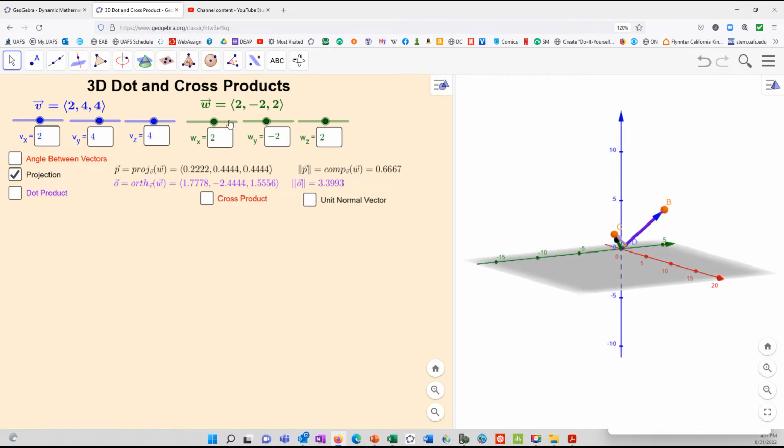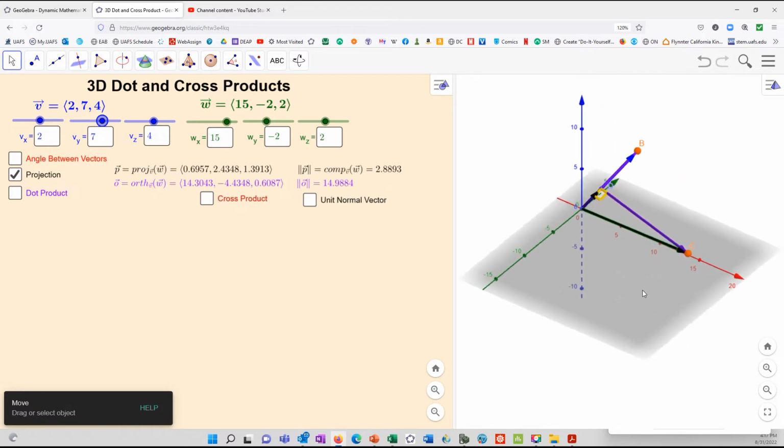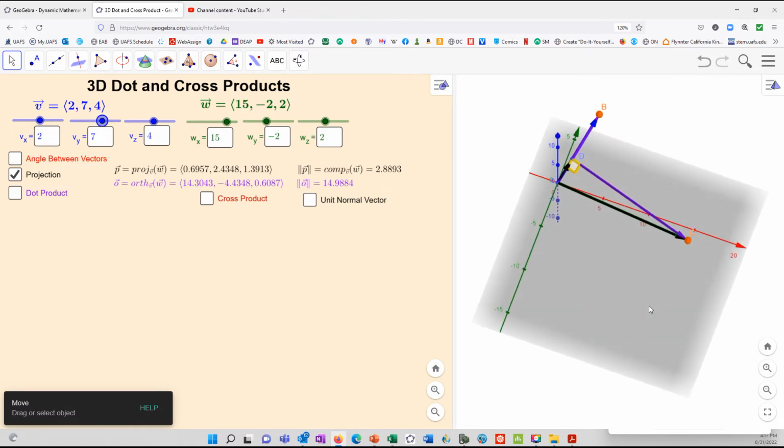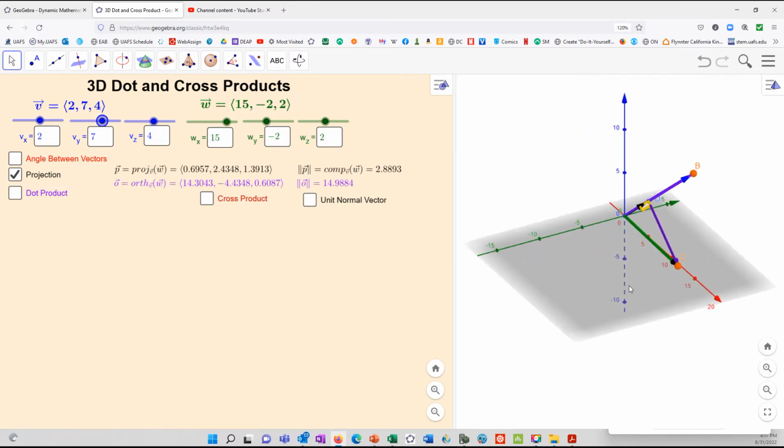Let's make this a little bit bigger. It might be a little bit easier to see the projections if I look at that one there, for example. There we go. Now that's a right angle there if we turn it the right way. Yeah, you kind of see what's going on there a little better.